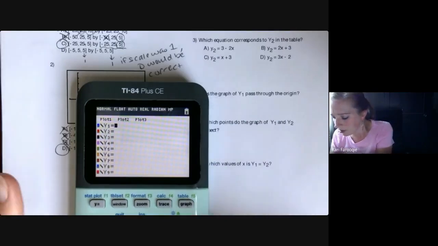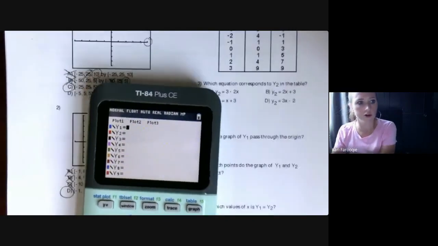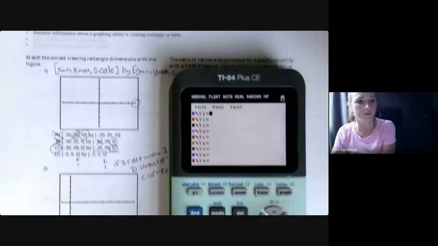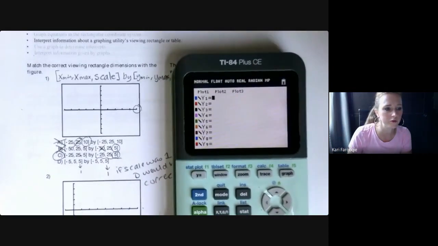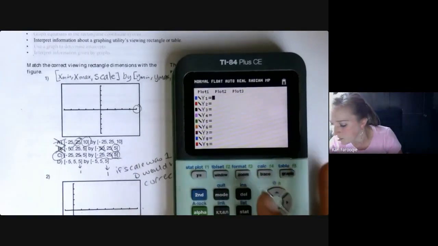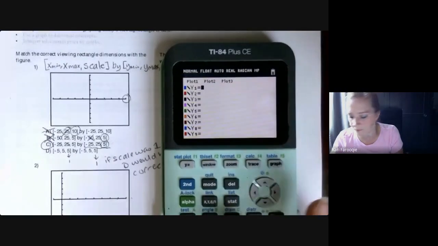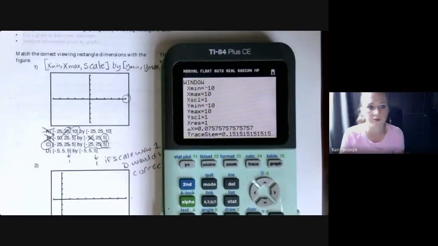Okay, so to get these viewing dimensions, let's do the ones for number 1. We have a graph that's going from -25 to 25 using a scale of 5. So what you're going to do is go to your window, which is this button right here. Now, you could technically create this graph and it would look the same, but it would have different dimensions on it.